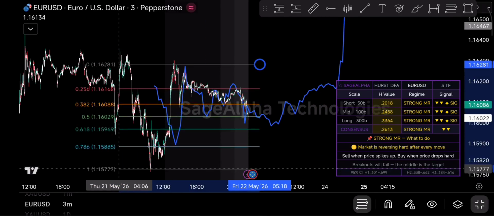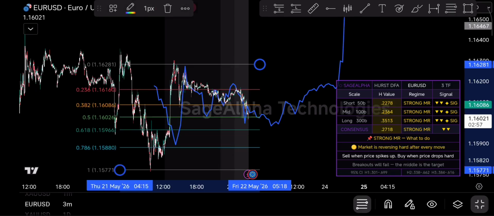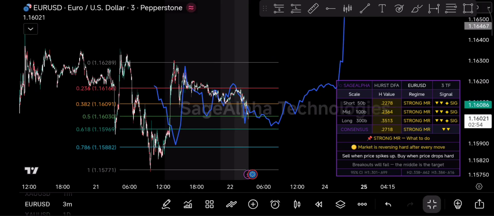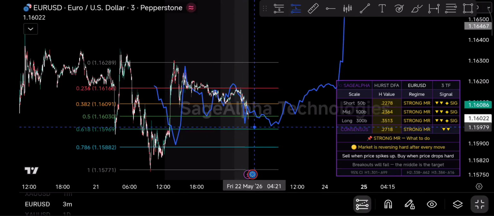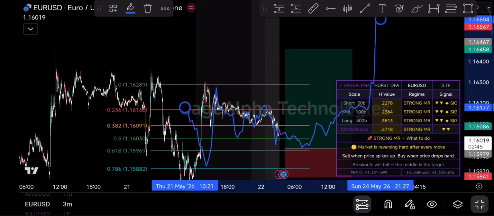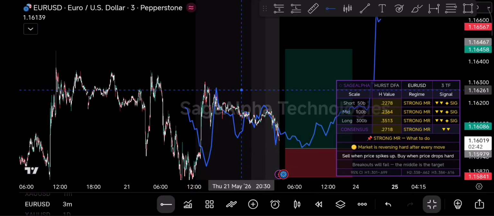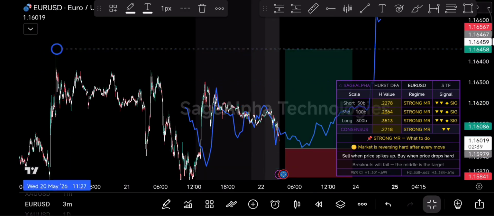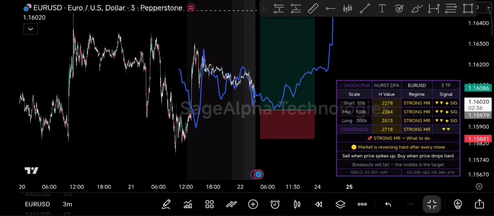This pair hasn't gotten to 0.618 yet, so we expect a long here on the euro pair. Then we target all the way to these highs. Let me clear this out, then put our target here, this high here. That will be great for us.